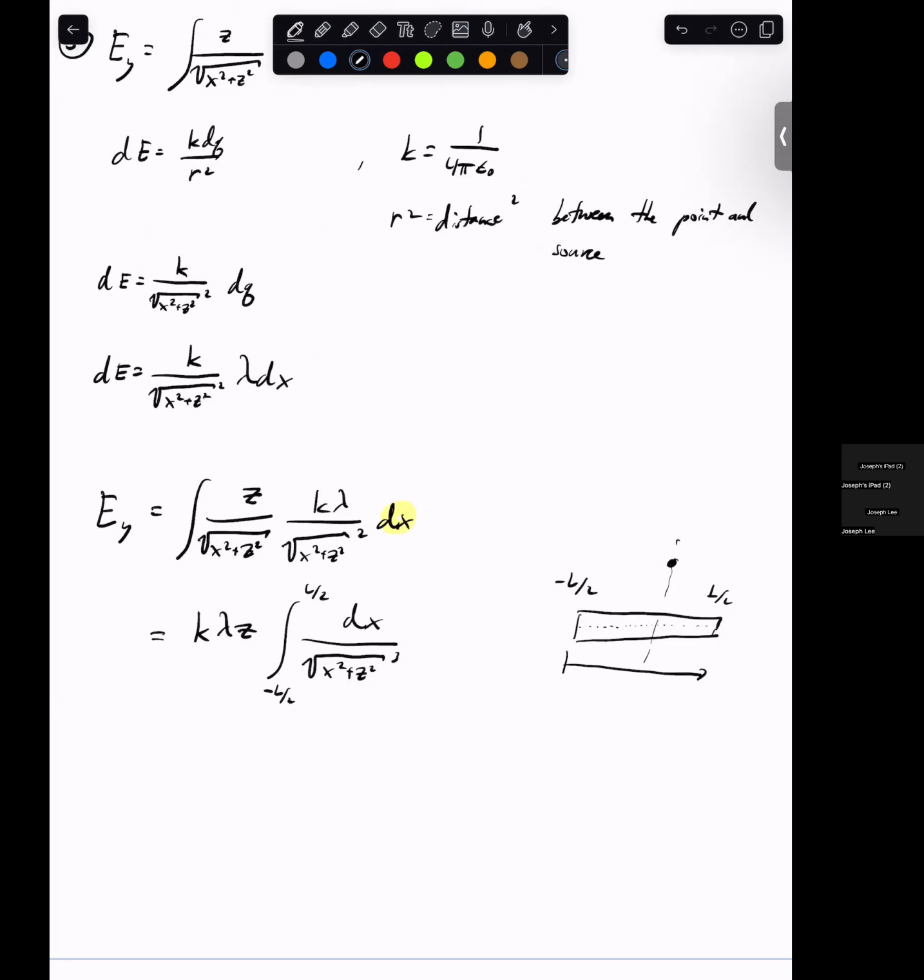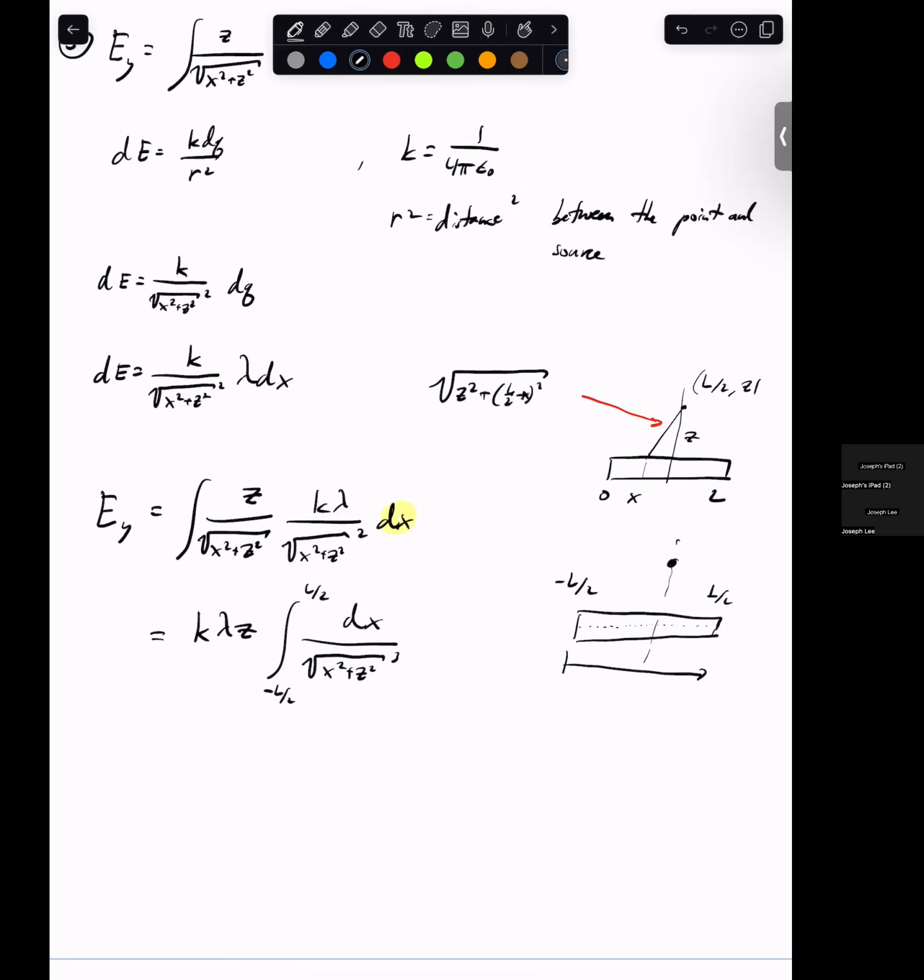But there are also problems in which maybe you're not centered. Like for example, this is 0 to L. And in that case, really the only difference you have to make is, let's say this is x. This length here, if this point right here is L over 2, z, in terms of x, this distance should be the square root of z squared, because the height doesn't change, plus, and then here I would write, L over 2 minus x, squared.